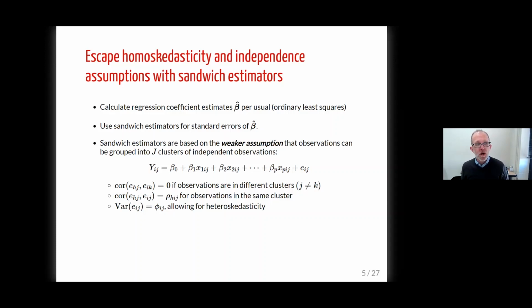All we're asserting is that the errors from observations in different clusters are independent, but the errors from observations within the same cluster can be correlated in an arbitrary way, and the variance of the errors can also vary. It does not have to be constant, also in a more or less arbitrary way.